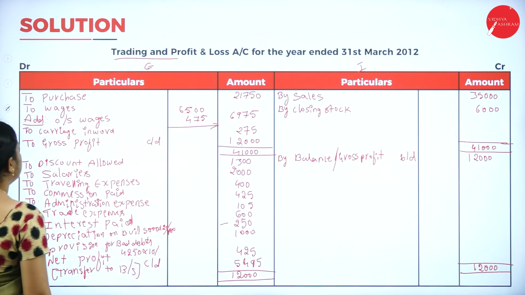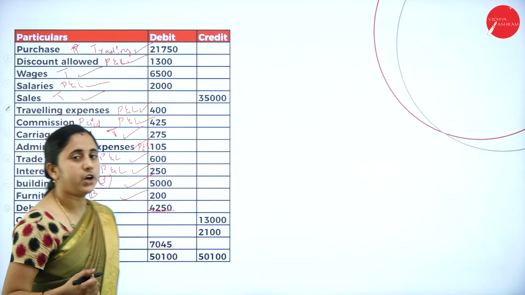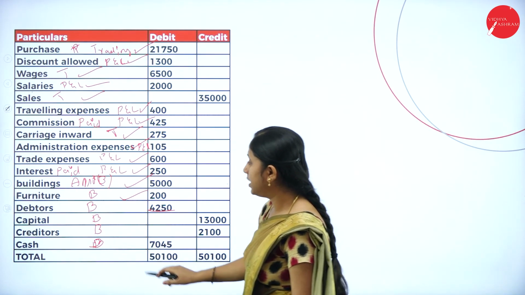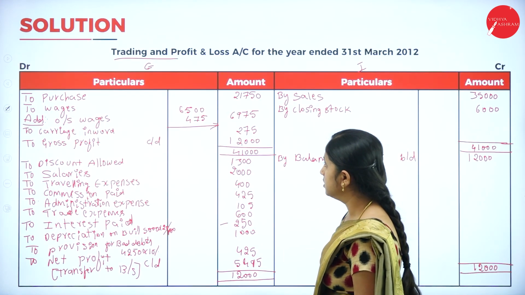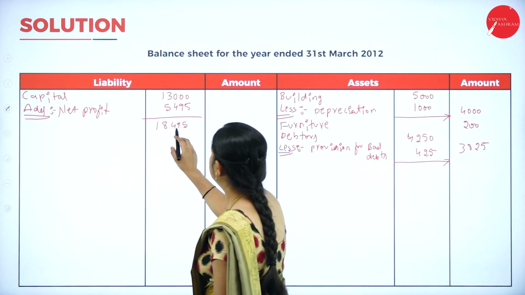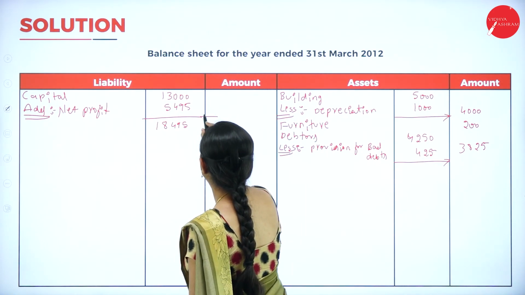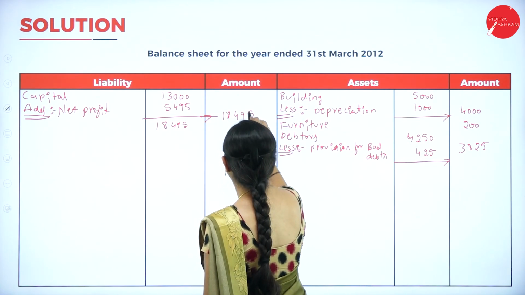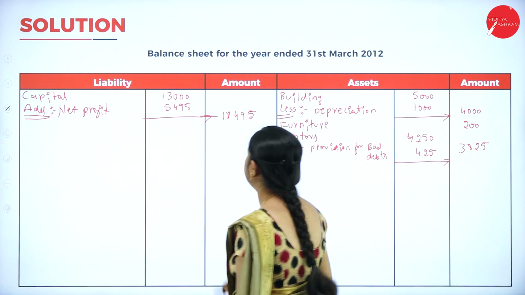18,495. Then find if you have any drawings or income tax. In this problem you don't have any drawings. So write directly in the outer column 18,495.